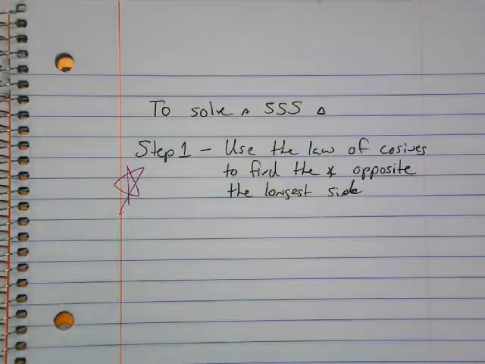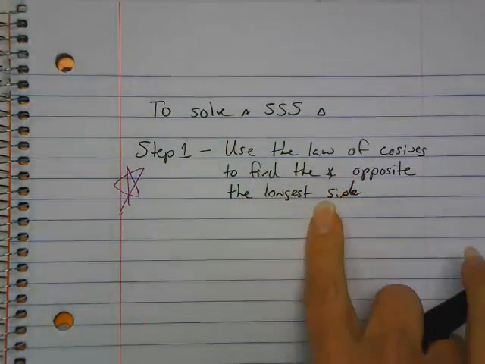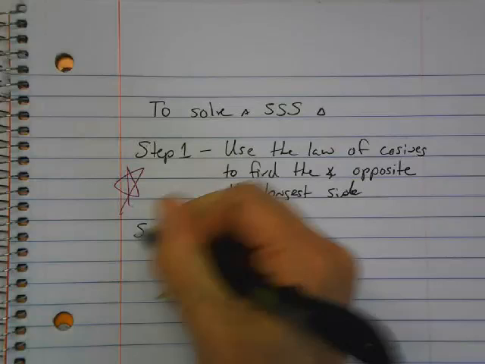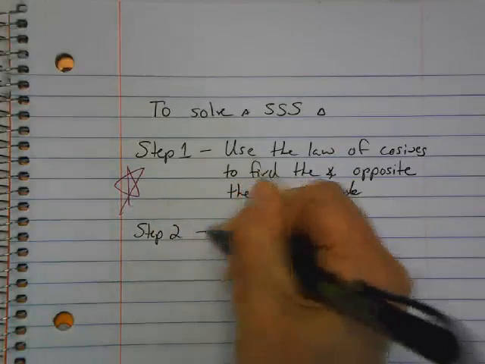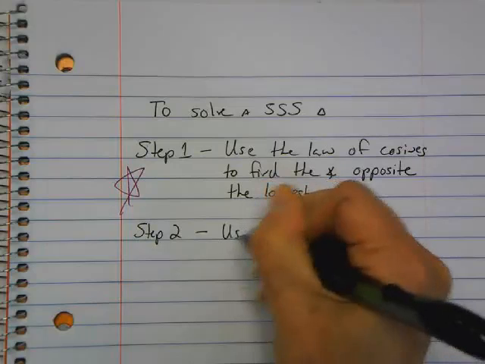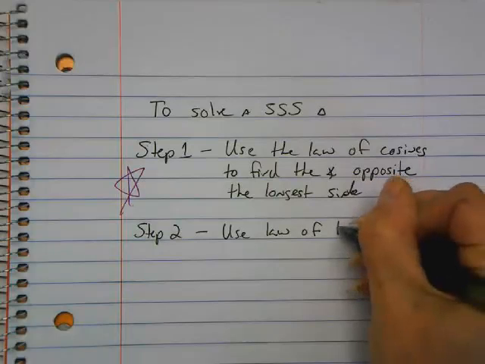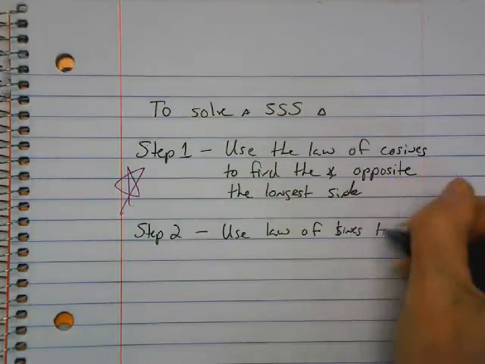Step 3: do 180 minus the measure of angle 1 plus the measure of angle 2. Now, notice here in step 2 it just says to use law of sines and you choose. I'm going to still say, let's go with the shorter. That way we kind of train ourselves to do a particular method.